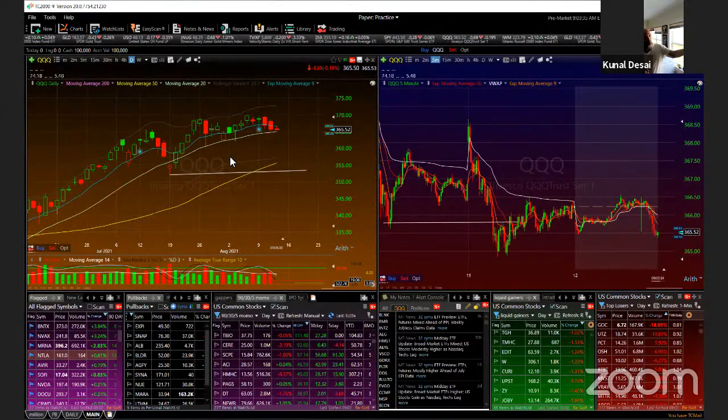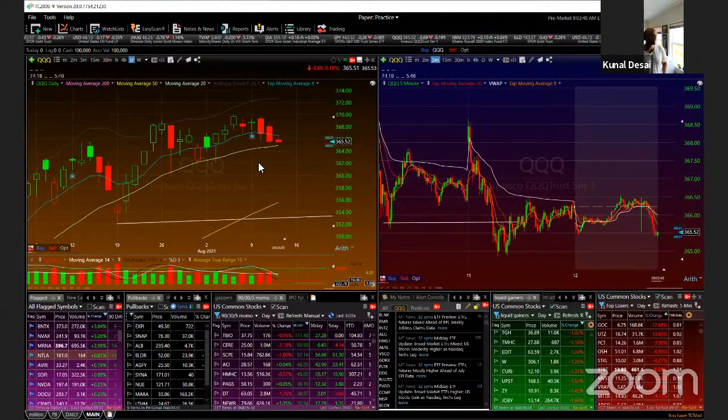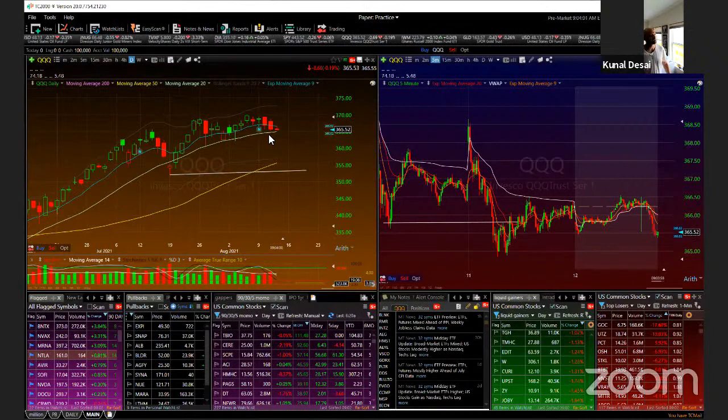Your 9 EMA is your shortest term time frame, your 20 SMA is your second shortest, a little bit more intermediate, and then your 50 and 200 are your long term. So the slope of the moving averages will help you determine what is happening for the trend of that particular time frame. You can start to see there's been a little bit of a gradual weakening of trends, and you guys can feel that, right?